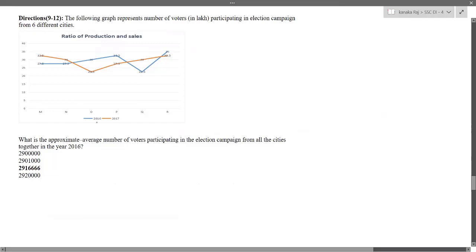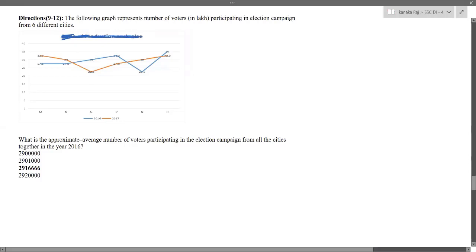Now, what have they given here? This line graph represents the ratio of production and sales. It is same as my first problem here. No, sorry, the heading is not changed. The heading is not production and sales.